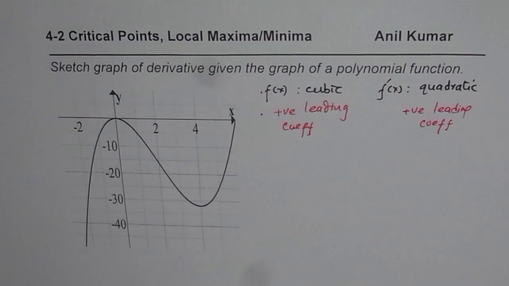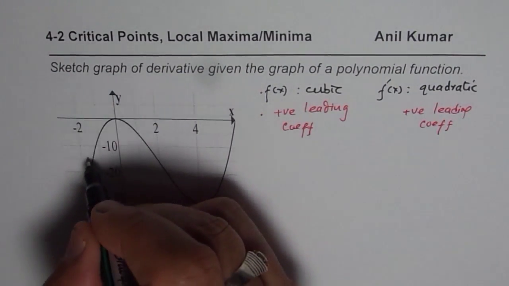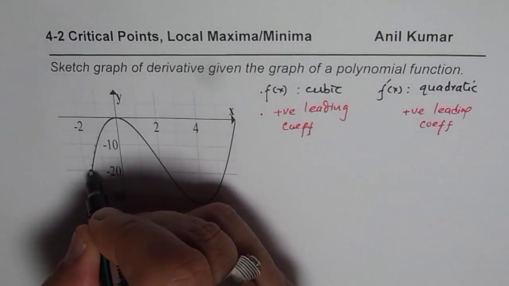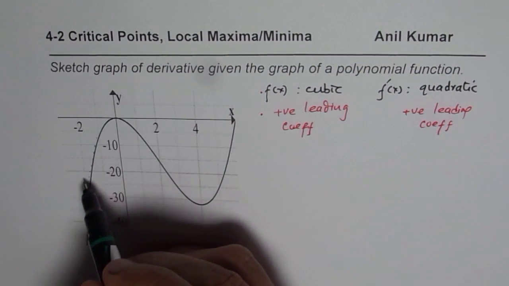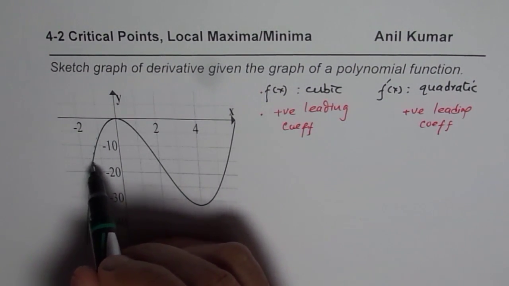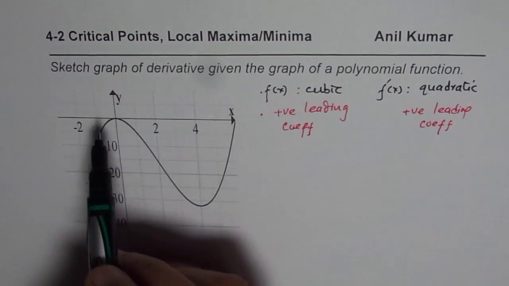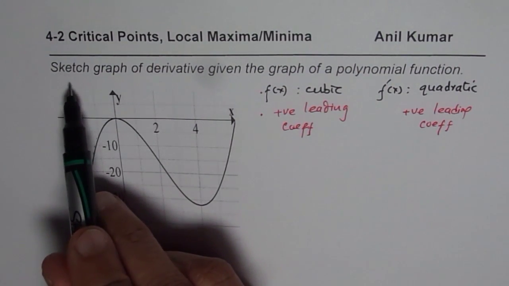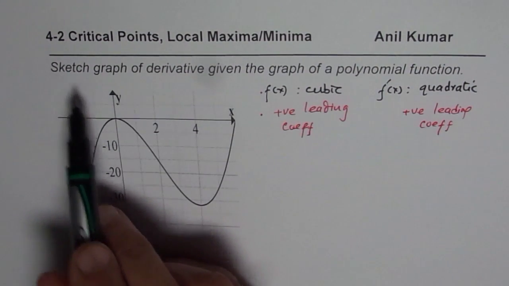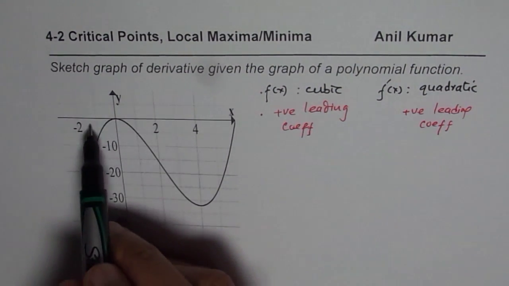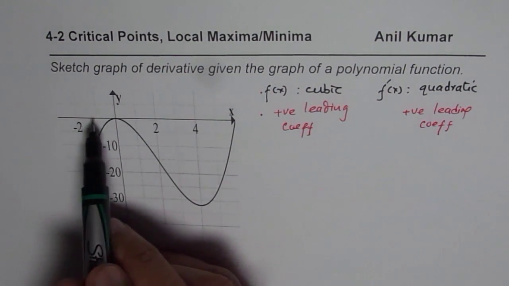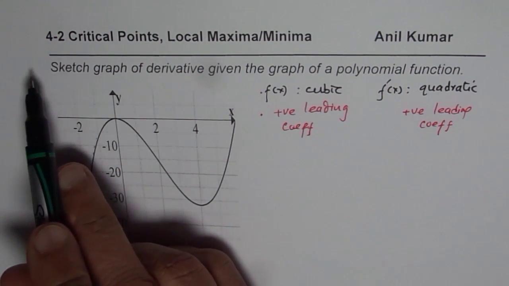You can see from the graph that on the left side, if we draw a tangent line, it has a positive slope. That means the left side of the graph should have a positive value. So a parabola on the extreme end, as it approaches minus infinity, is positive.